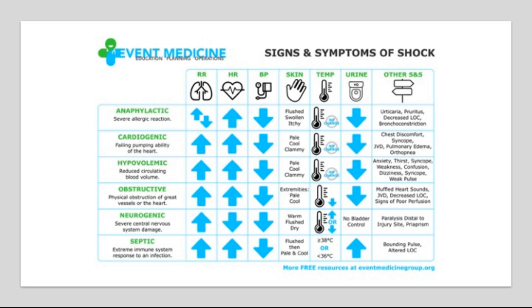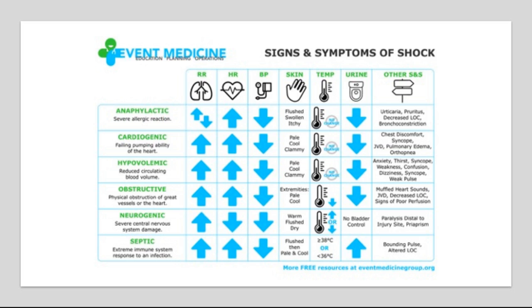Now your skin is a little different. Your skin can become cool, clammy, and pale because blood is shunting away from the periphery to get it central to perfuse your most important organs. But you can also have flushed skin with anaphylaxis because you have that vasodilatation of the blood going into the periphery. Also in septic, if you have a high temp, it'll cause that vasodilatation where you will have that flushed skin, hot because you have a fever.